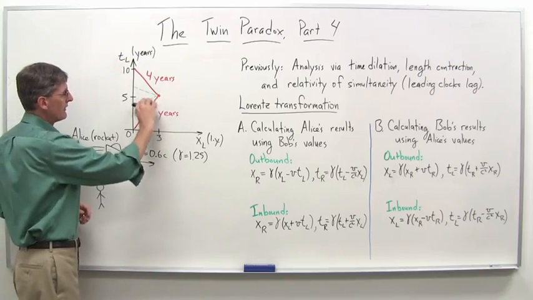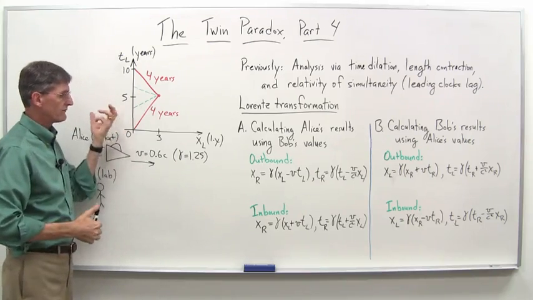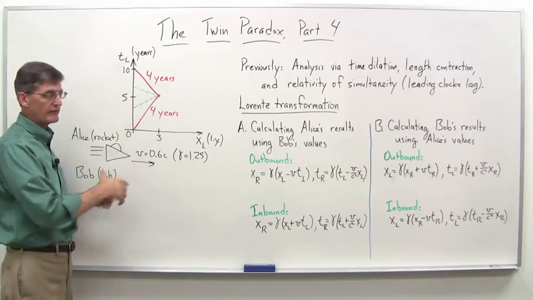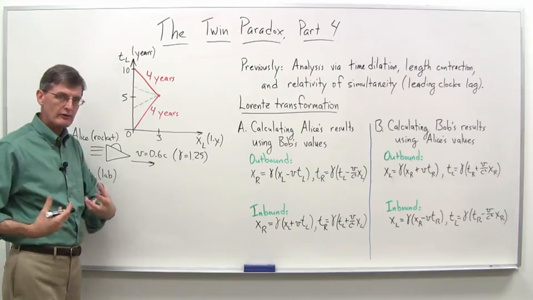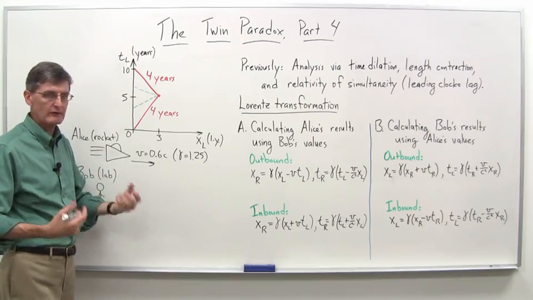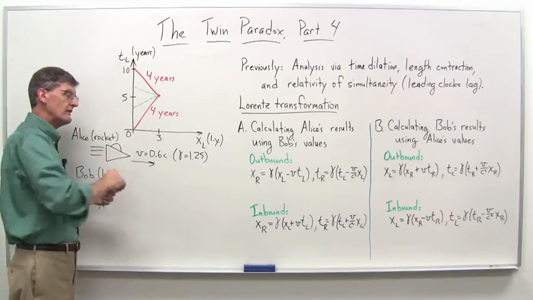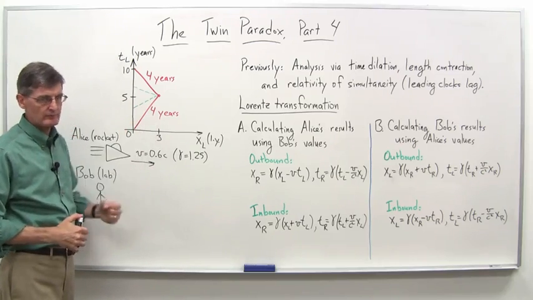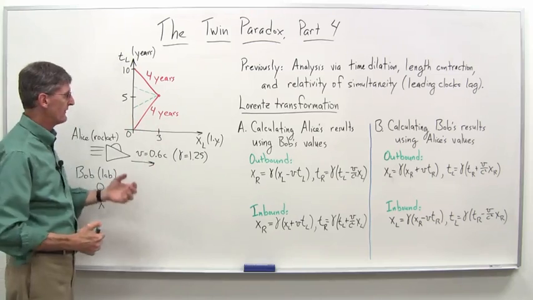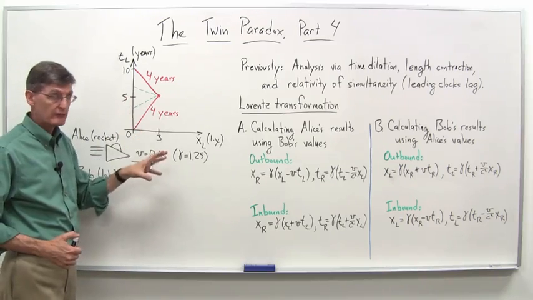At that turnaround, there's a jump that takes place between frames of reference, and therefore Bob's clocks speed up compared to Alice's clocks at that point and tick faster, as it were. You can actually delve into the details of that turnaround and analyze it and show in more detail, if you want, that this actually occurs. But for our purposes, we just say, hey, change of frame of reference.